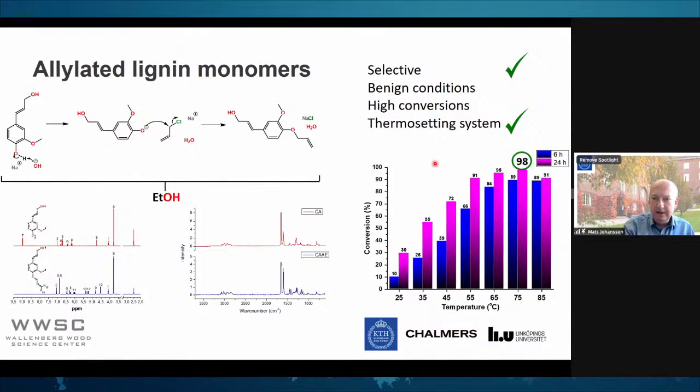We get a very high conversion, almost quantitatively, and under rather benign conditions. This reaction is made in ethanol, and you produce sodium chloride as a product. So it's reasonably good. And this allyl chloride is already used in industry as a synthon for making allyl ethers. So it's established techniques.